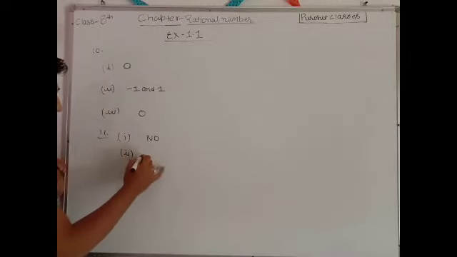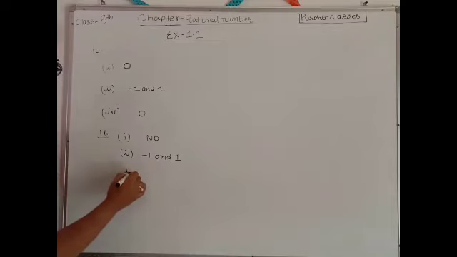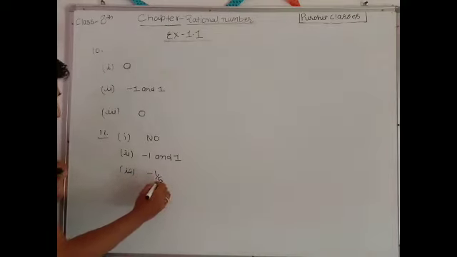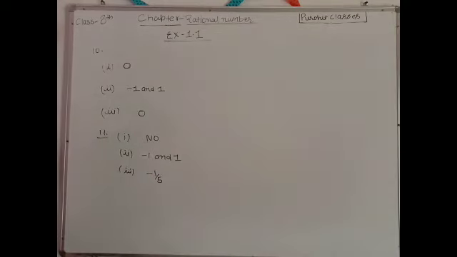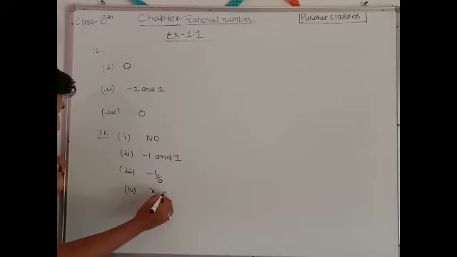Already we have mentioned minus 1 and 1. Understood? Okay. Third part, the reciprocal of minus 5 is so simple, minus 1 upon 5. Next part, the reciprocal of 1 upon x will be x upon 1, and it can be written as x.